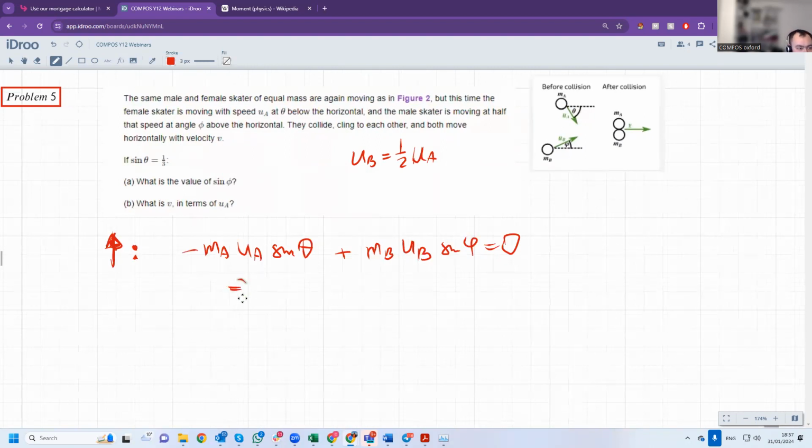And from here, we already know that UB is 1/2 UA, and UA can cancel.